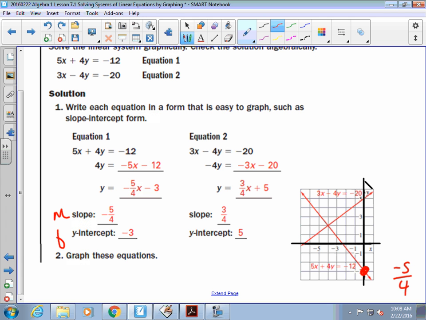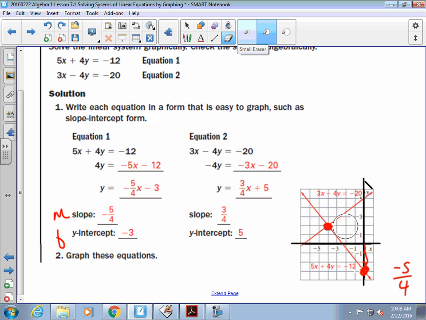Since we can't go down and to the right because we're going to run off our graph, we can make it say positive 5 over negative 4, which tells us to go up 5 times. 1, 2, 3, 4, 5, and to the left 4 times. 1, 2, 3, 4 times. So that's the second point, and then you could draw a straight line.